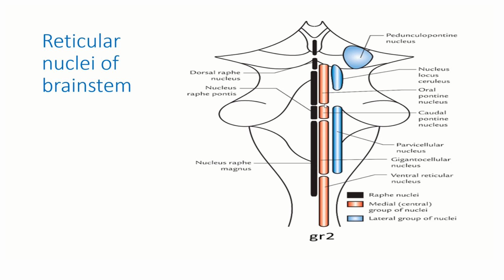So this is the medial column where you can see the oral pontine nucleus, caudal pontine nucleus. Then you can also see the gigantocellular nucleus and ventral reticular nucleus. So this is the lateral column where you can see the pedunculopontine nucleus, nucleus locus coeruleus, then you can see the parvocellular nucleus.